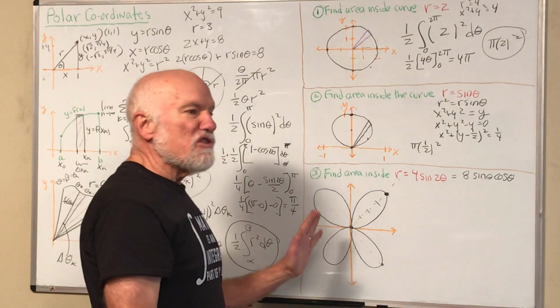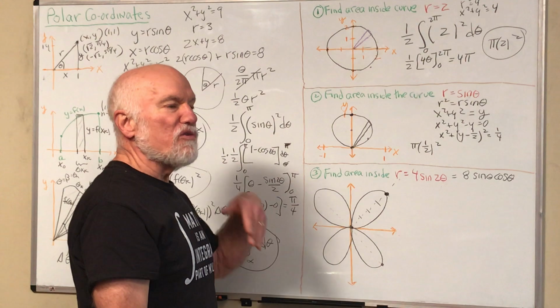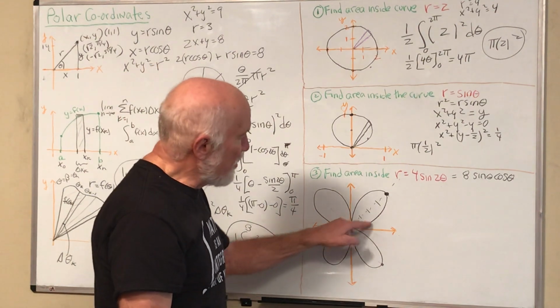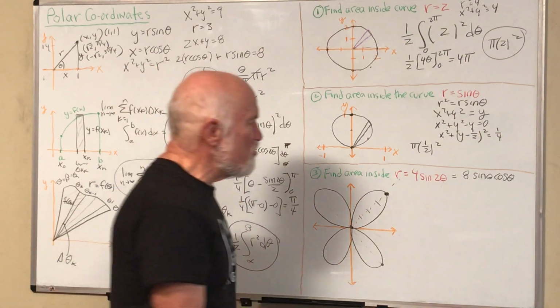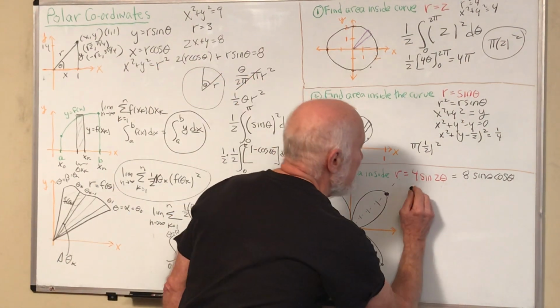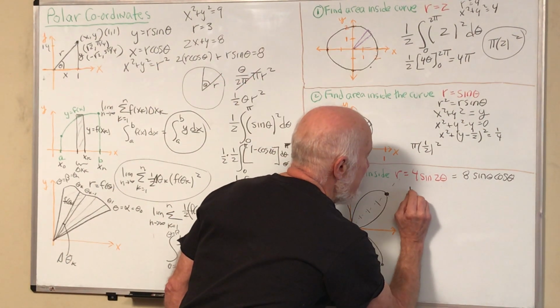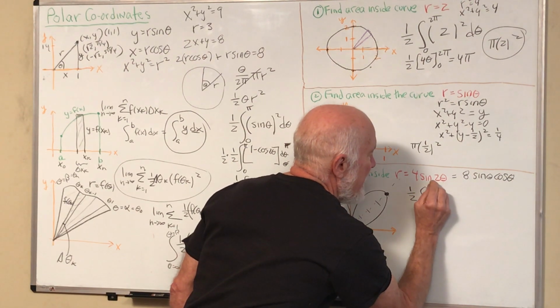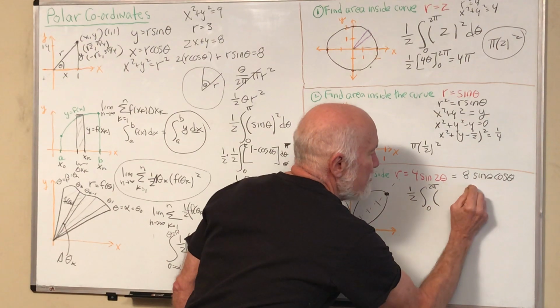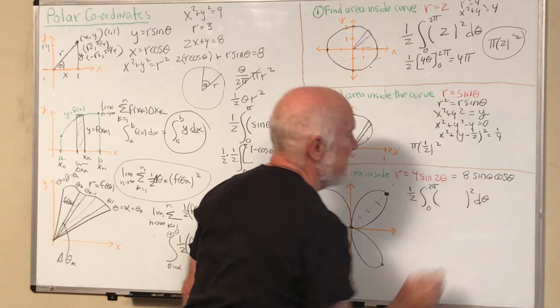Now you can use the fact that it really is symmetric and only do from 0 to pi over 2 and multiply by 4. But since we did trace the whole thing, let's do it. So we have 1/2 the integral from 0 to 2 pi of r squared d theta.